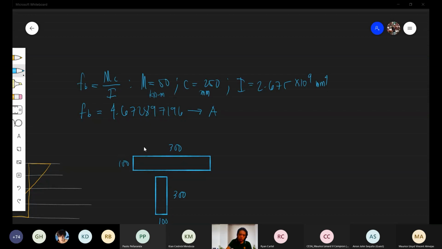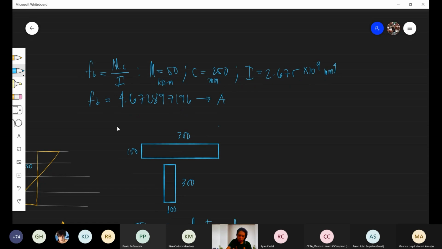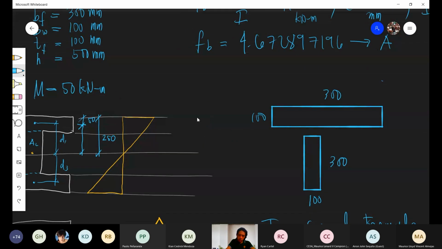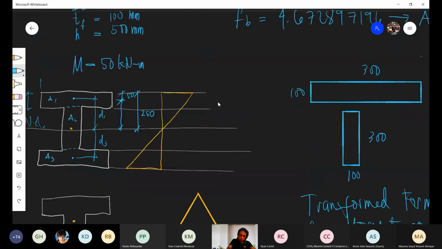Okay. We have the FB na. Ito nga FB. Dito nga FB, di ba? So, that is 4.67289 megapascal ha? Negative because that is in compression.